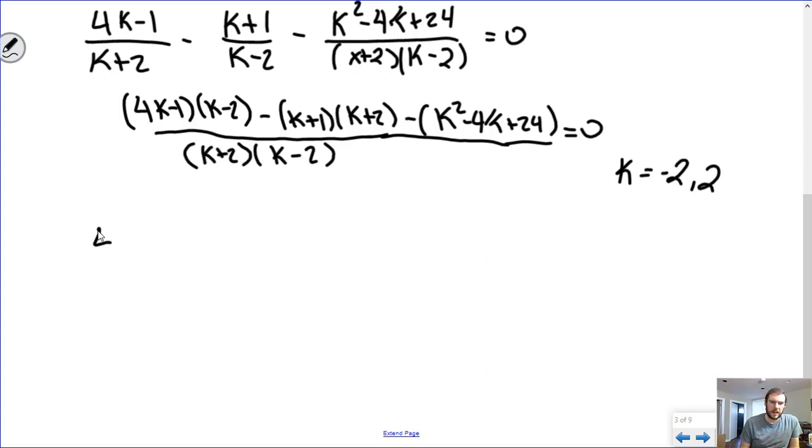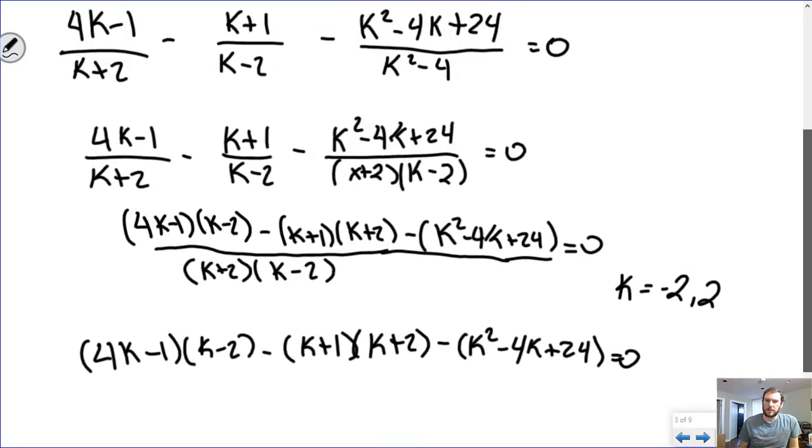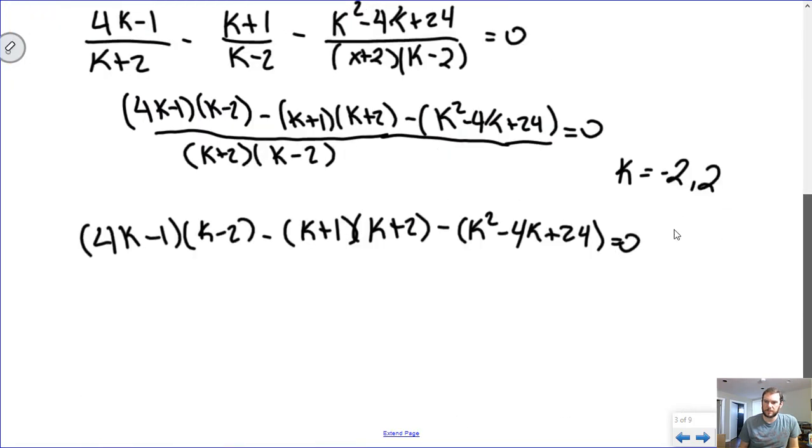We're going to say, okay, well now, when does 4k minus 1 times k minus 2 minus k plus 1 times k plus 2 minus k squared minus 4k plus 24, right? When does this thing equal 0?